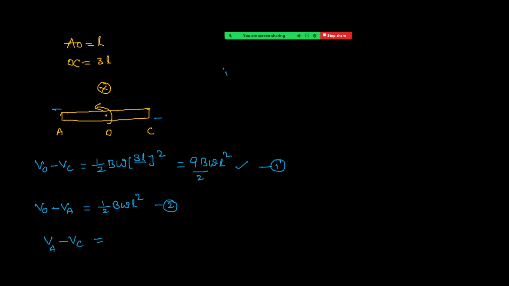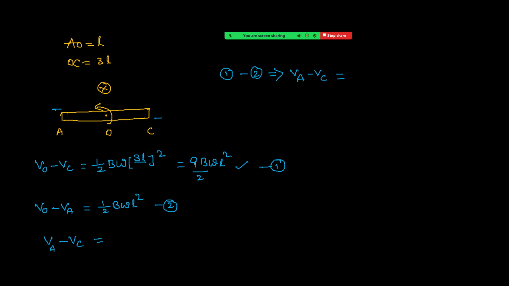See carefully, equation 1 minus equation 2. That implies this minus this, then minus of minus becomes plus. So in VA minus VC, V naught gets cancelled. So equation 1 minus equation 2 is VA minus VC.